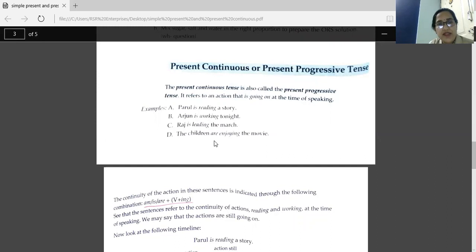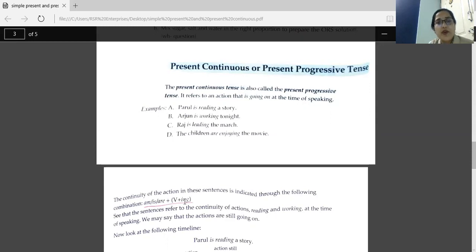So in this, you must have seen we are using is and are here, and they are helping verbs. With that, we are using the ing form of the verb. We are adding ing with the words. With read, we are adding ing. So reading, and auxiliary verb is. So is reading. This is the structure of present continuous tense. You have to use is, am, or are. It's written here: am, is, or are with the ing form of the verb.